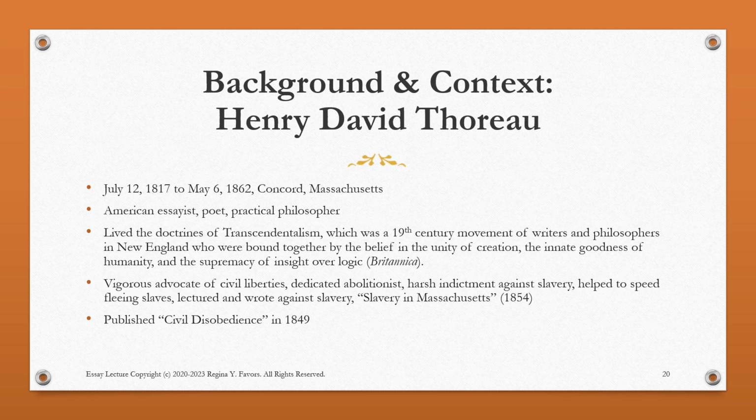Vigorous advocate of civil liberties, dedicated abolitionist, harsh indictment against slavery, helped to speed fleeing slaves, lectured and wrote against slavery, titled Slavery in Massachusetts. And then he published the work that we just referenced, Civil Disobedience, in 1849.